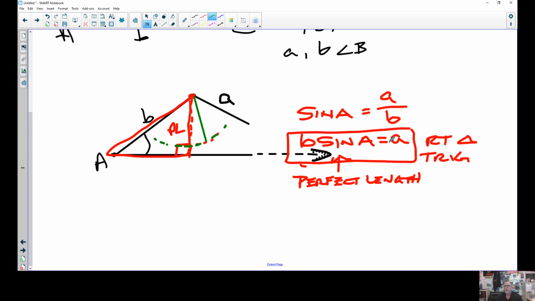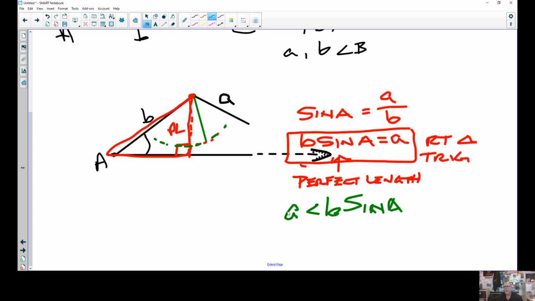So how do we know that? It's when this side opposite is less than B sine A. Side A is less than my perfect length, B sine A. Sorry, I'm getting some lag and skipping.